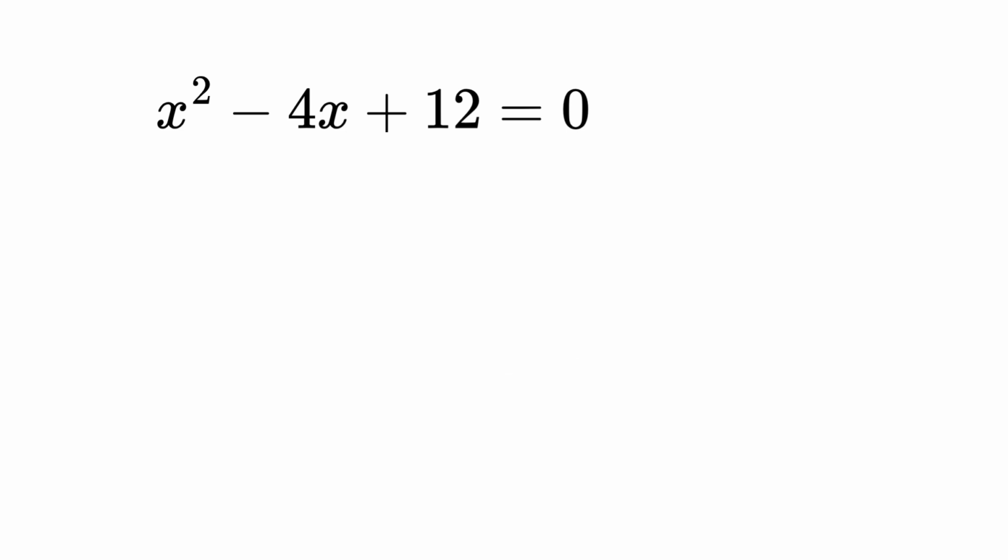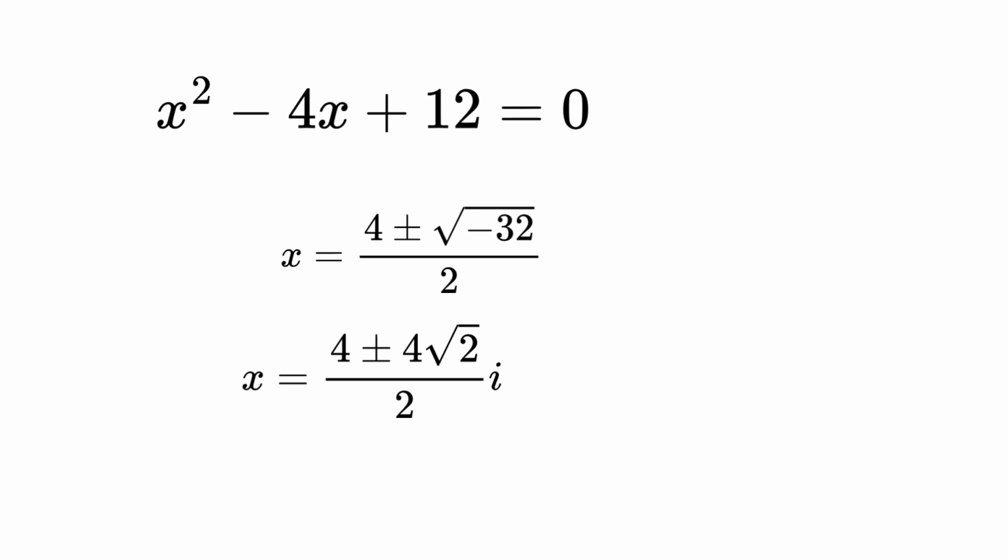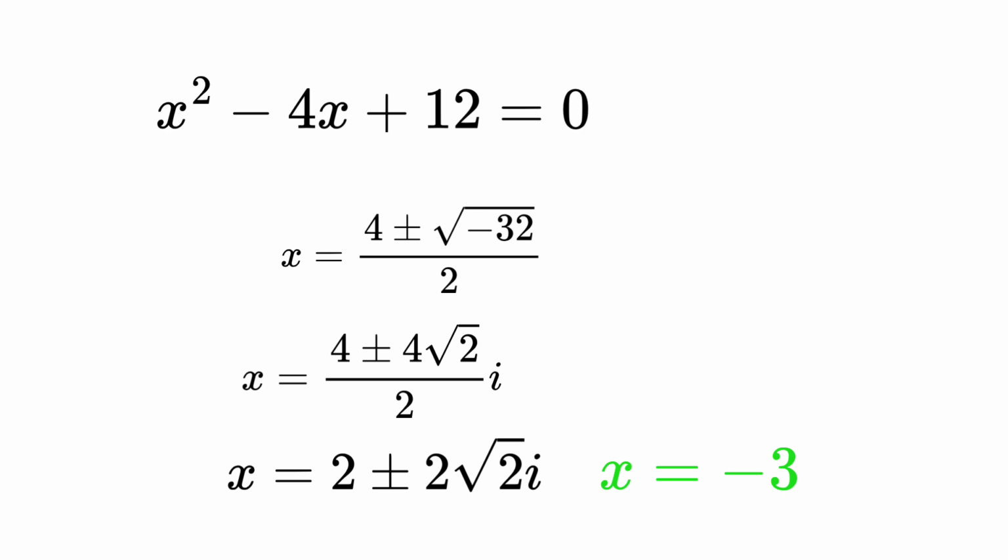Substitute the values in the formula, then we get x is equal to 4 plus or minus square root of minus 32 by 2. So this we can write as x is equal to 4 plus or minus 4 square root 2i by 2. Then we can write it as x is equal to 2 plus or minus 2 square root 2i. Here we got plus or minus because we are having 2 answers, one in the plus and another in the minus, and also the third answer is x is equal to minus 3.